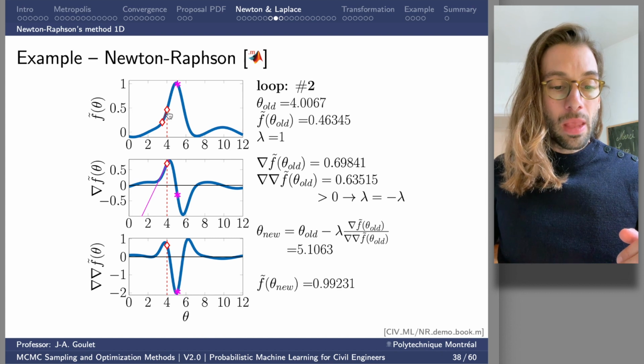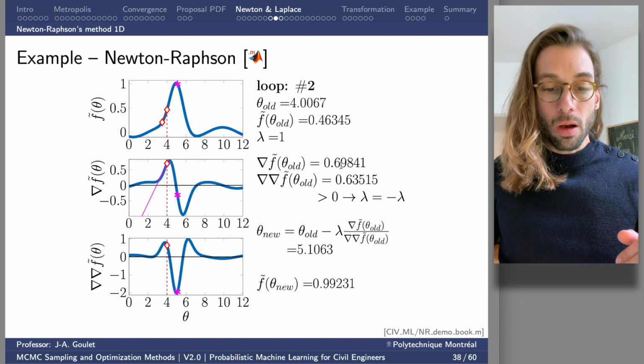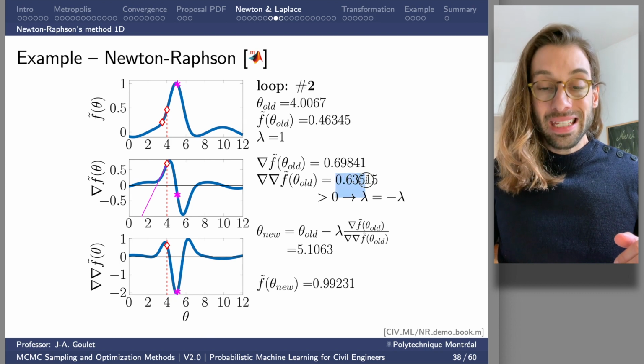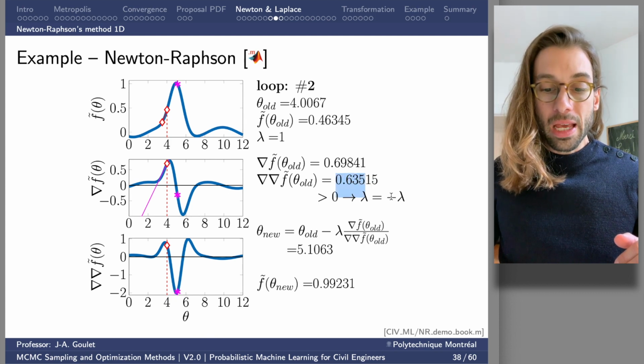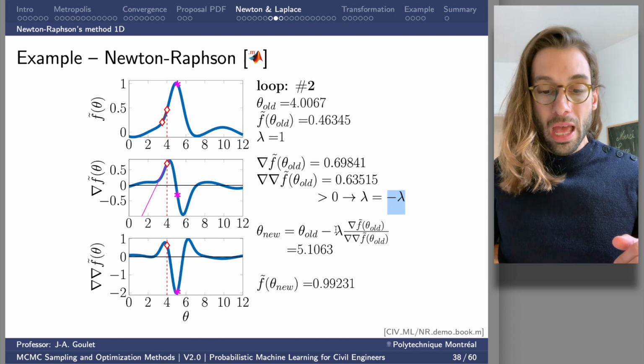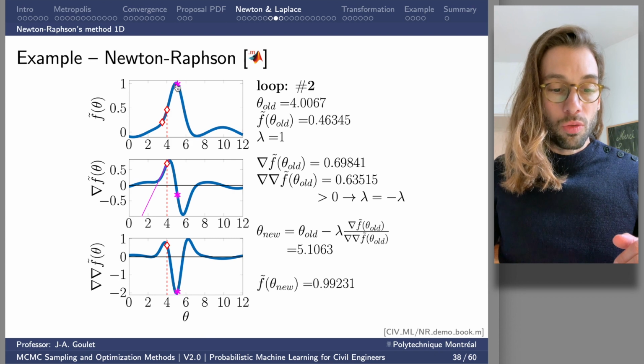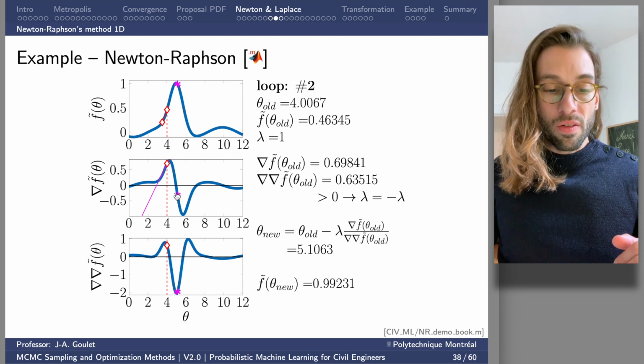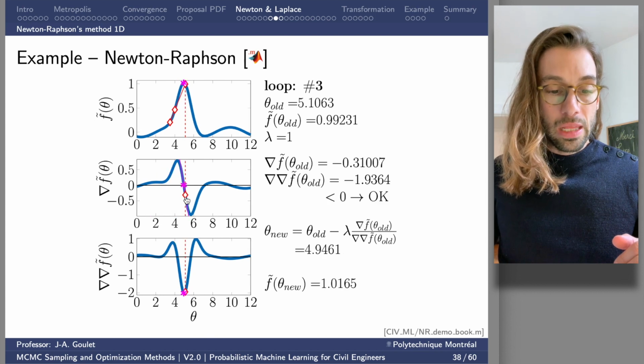Now I'm here, I propose to move where? Okay, I calculate my first order derivative, second order derivative. It is still positive, okay, still problematic. I'm going to take minus 1, or minus lambda, as scaling factor here, okay? Perfect, I propose to move there, okay? So now we see that my second order derivative at the next point is going to be negative.